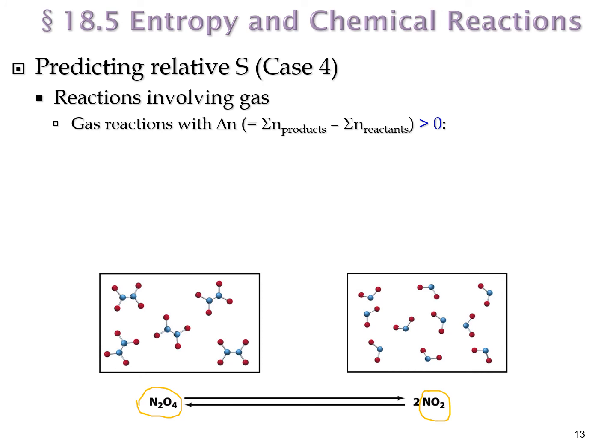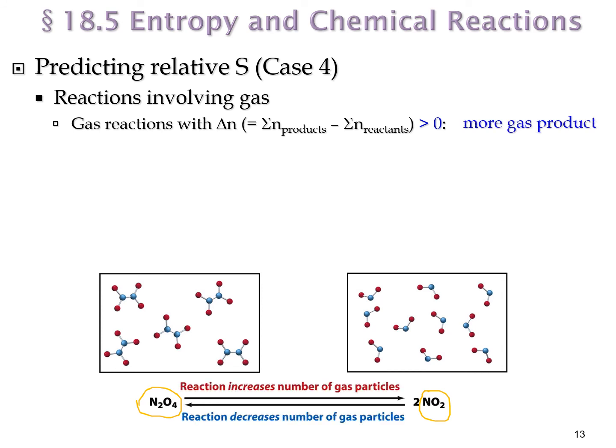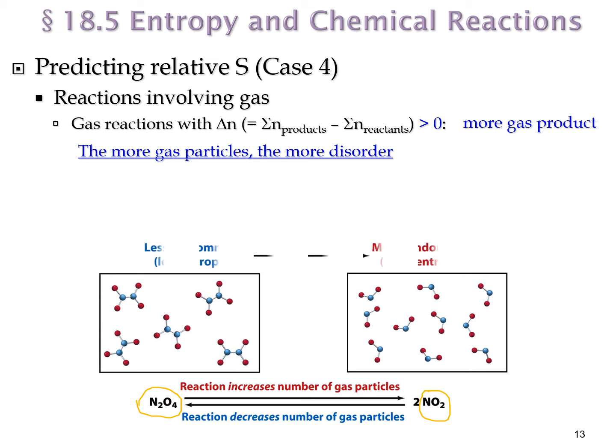Guess what? The delta S is going to be increasing. Why increasing? Because we got more gas molecules. Gas molecules lead to more randomness because they're flying around and cannot be traced. It's not going to be that easy. So it definitely makes more disorder in the reaction, or in the system. The entropy change must be greater than 0 for this process.